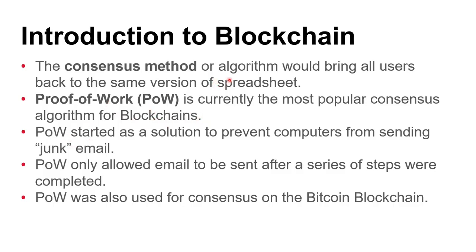Proof of work started as a solution to prevent computers from sending junk mail. The idea was that computers that may potentially send mail would have to perform several calculations first before they could send anything. Well, you're only going to send something worthwhile when you have to perform these calculations ahead of time.